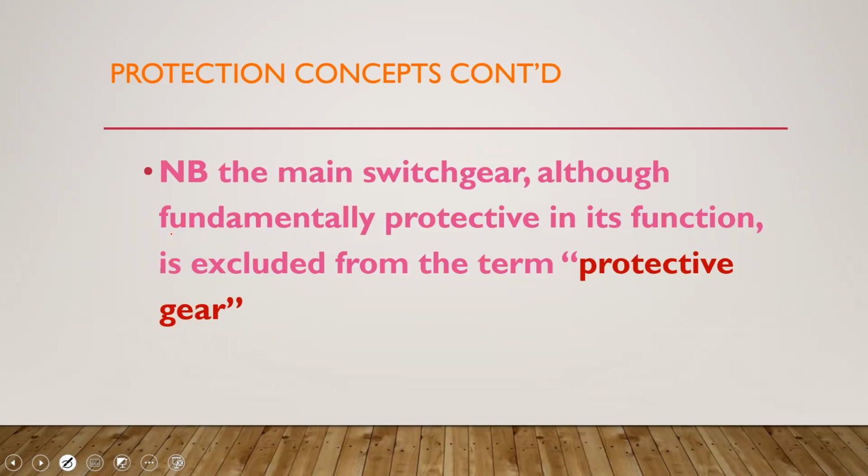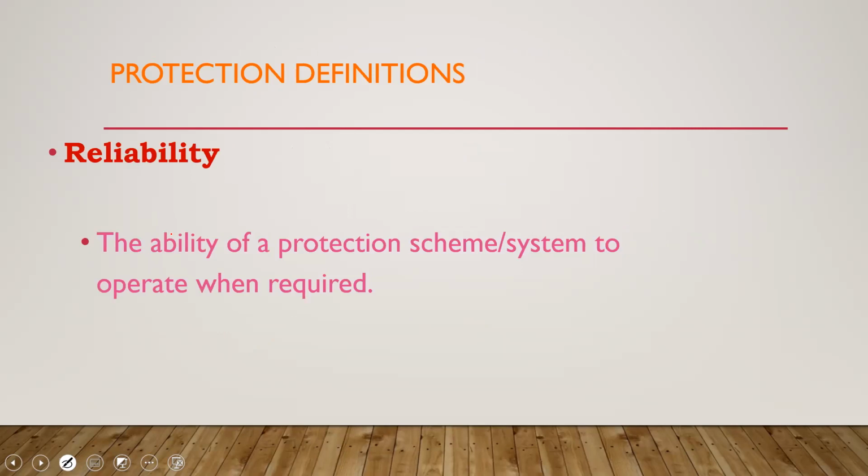I think we have made this point already, so I can move on. All right, so some definitions now. And these definitions are things that you may want to pay attention to. So we talk about reliability. If the protection system is reliable, it is speaking to its ability to operate when required.